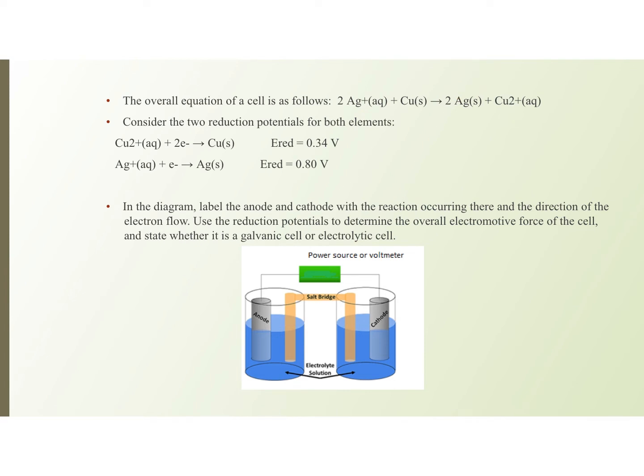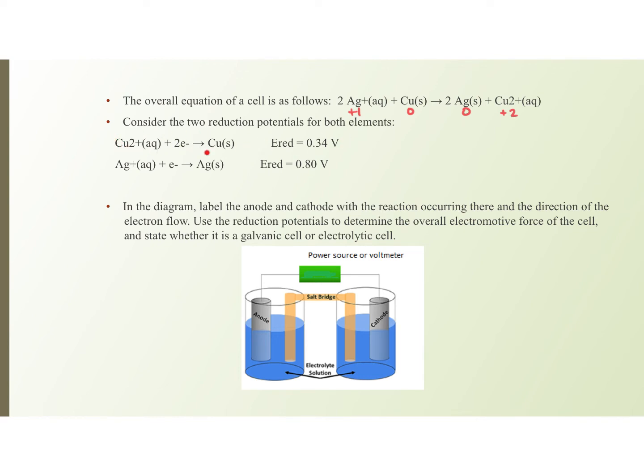The first thing I'd like to draw your attention to is that the oxidation number of silver is +1, while copper is 0, and silver solid is 0, while Cu2+ is +2. So the way the reaction is written, you can see that the silver is being reduced while the copper is being oxidized.